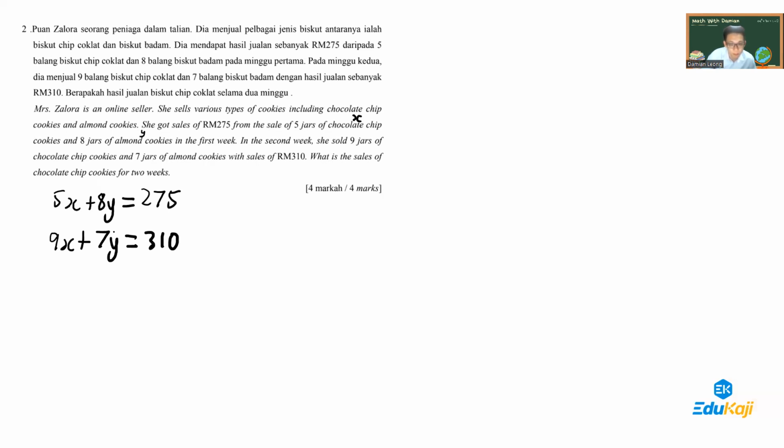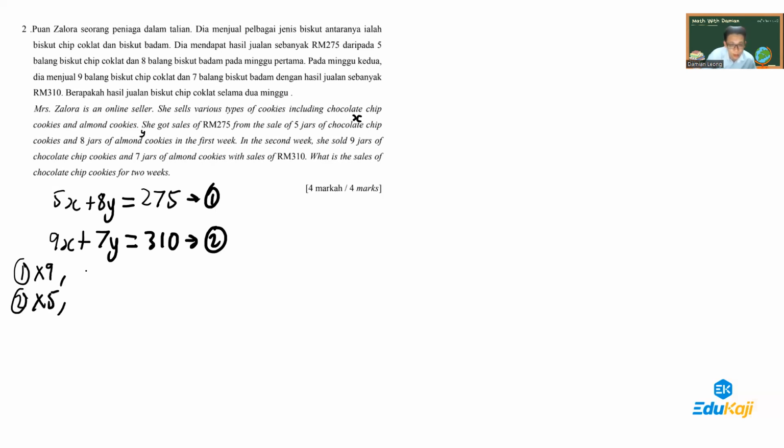So let's say I use equation 1, equation 2, and I use elimination. Change to the same number. So let's say I change 5 and 9 both to 45. Equation 1 I times 9, equation 2 I times 5.